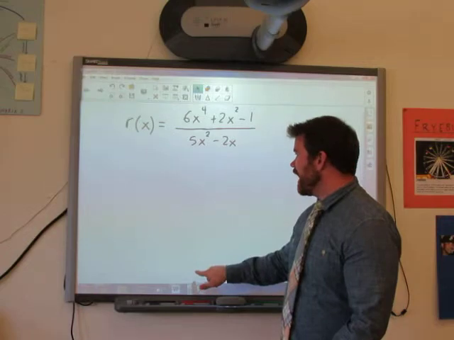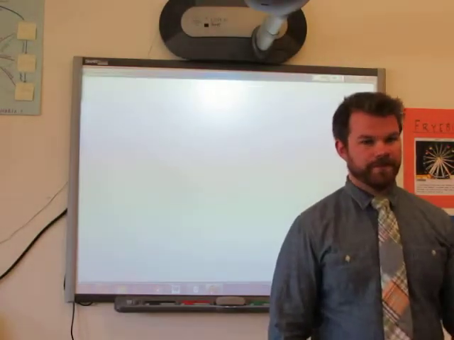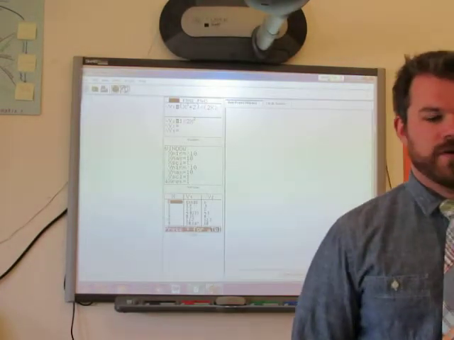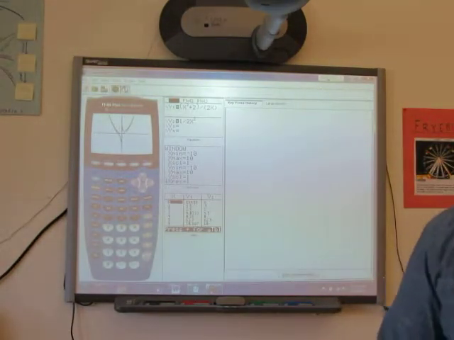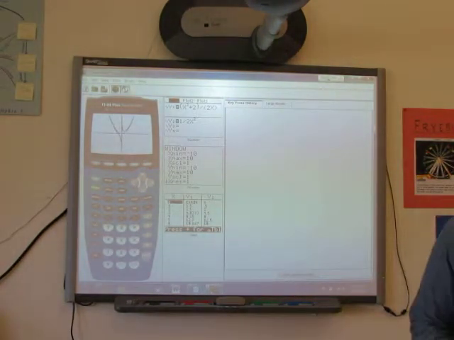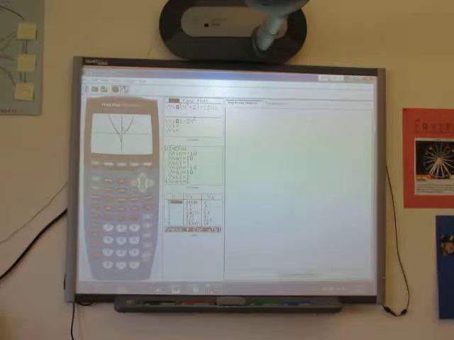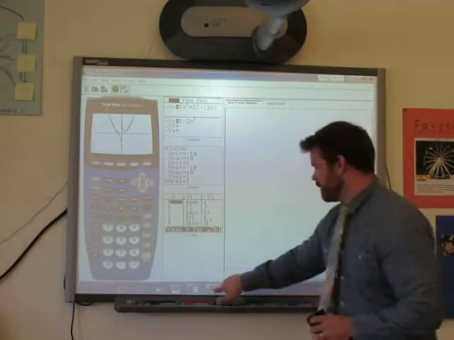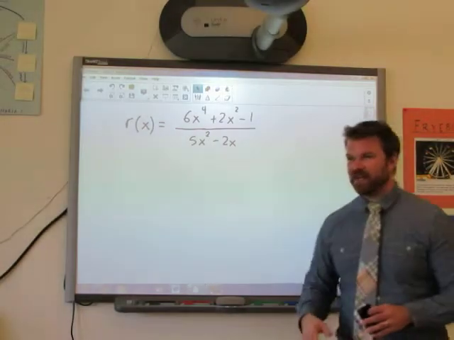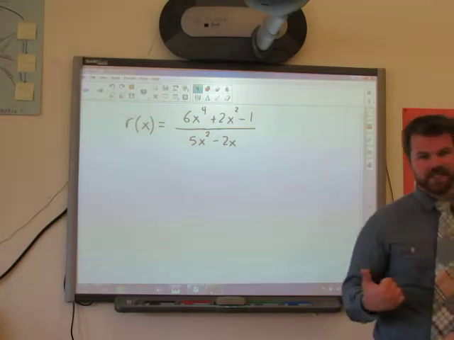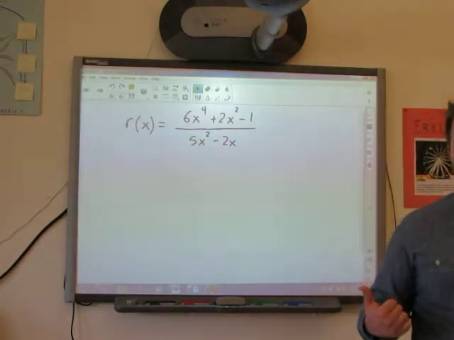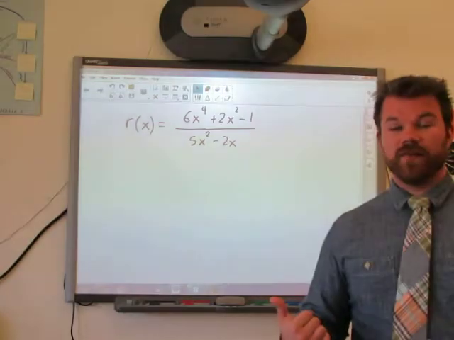What do you think is going to happen here in the long run? What do you think this function is going to look like in the long run? In other words, zoomed way out. Okay, so 6x to the 4th plus 2. What happens to the top in the long run, guys? It becomes larger than the bottom. Well, that's true.